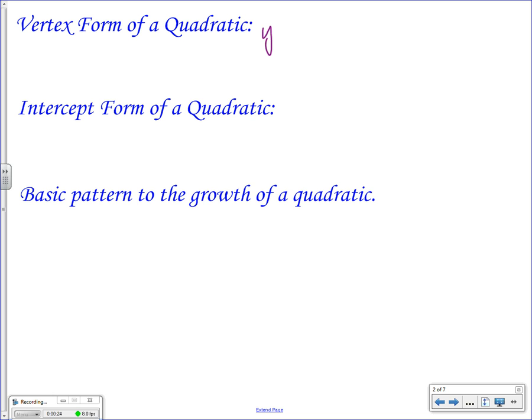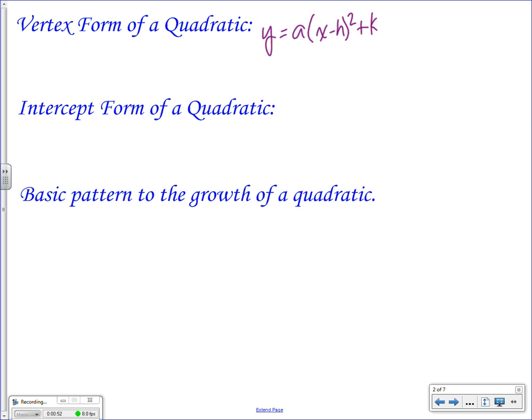It says y equals a times (x minus h) squared plus k, right? So from there, there's a lot of information we can get just from that little equation. And since it's called vertex form, the main thing we can get is the vertex.